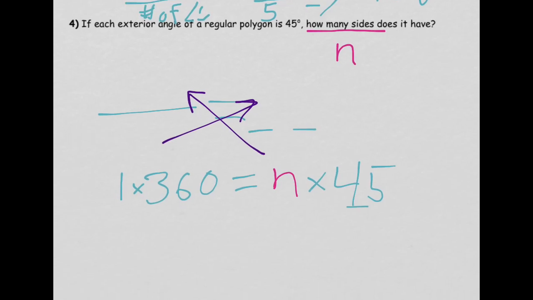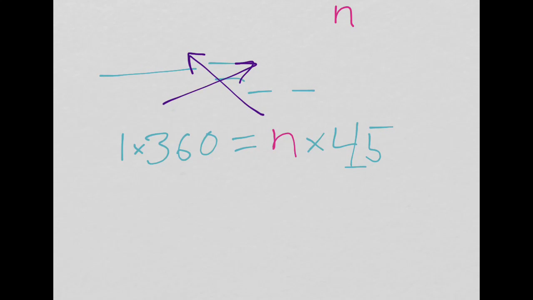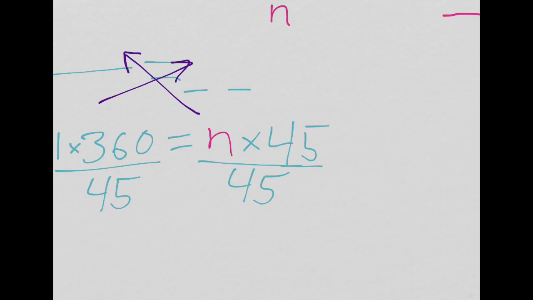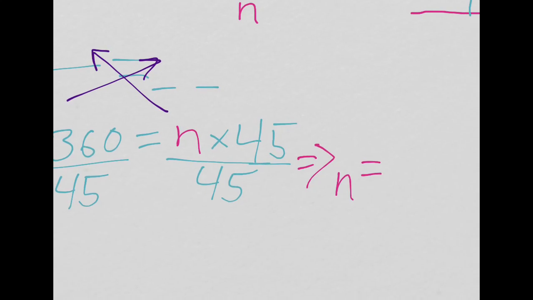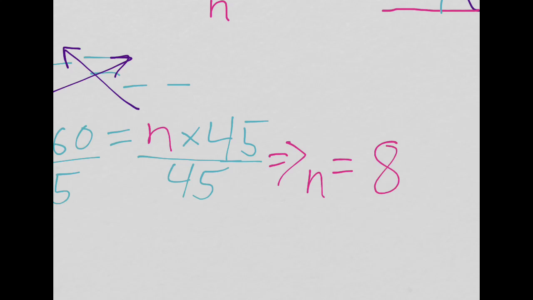But remember, we're solving for n, we're not solving for 45. So we just divide both sides by 45, and we get n equals, what is 360 divided by 45? n equals 8. How many sides are we looking at? 8 sides.